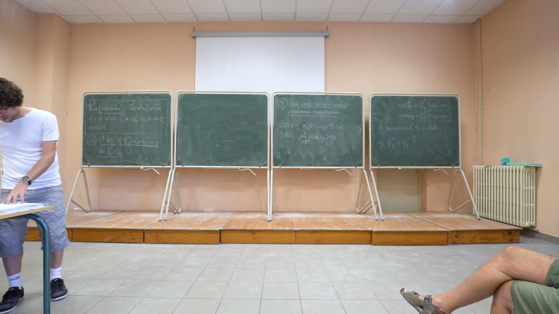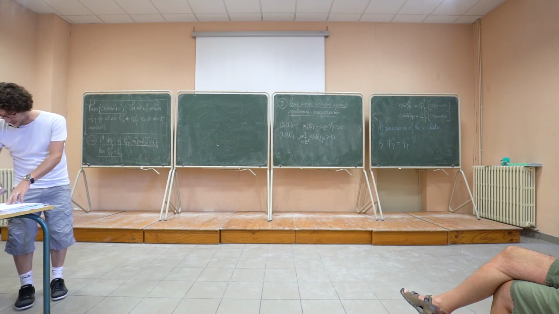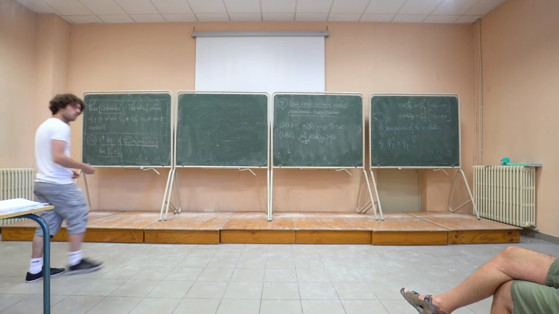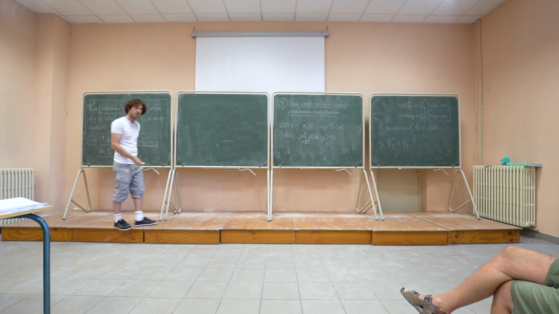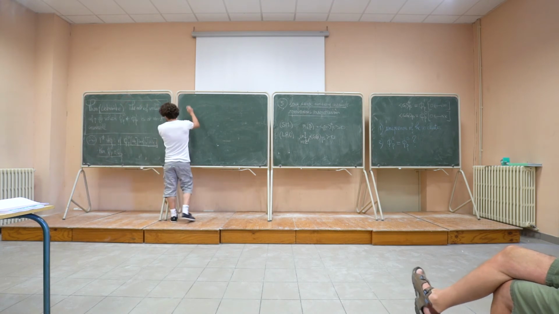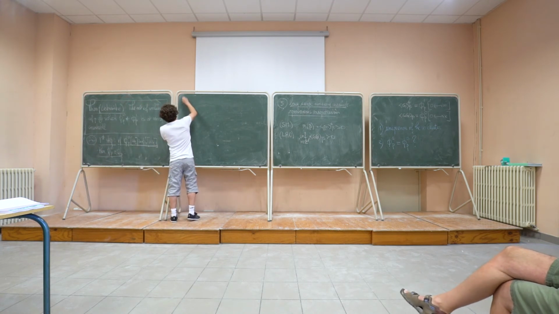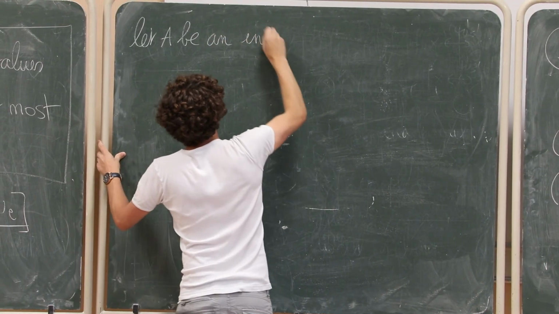Last year I did it in finite volume and people complained, so I'm going to do it directly in infinite volume. Let's assume you have a coupling in infinite volume, which you can get by just taking the limit. So let A be an increasing event, say.